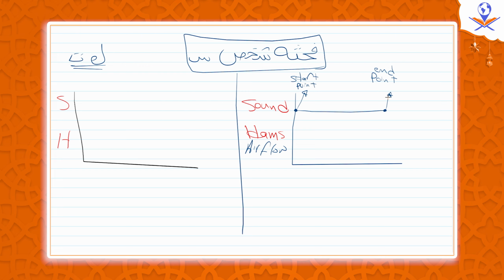During this whole period of time, I have to apply hams. So hams starts in the same second when the sound of the letter starts, and hams finishes at the same second when the sound of the letter finishes.